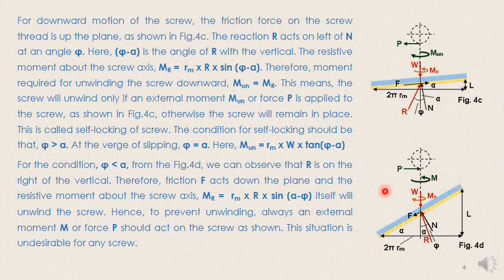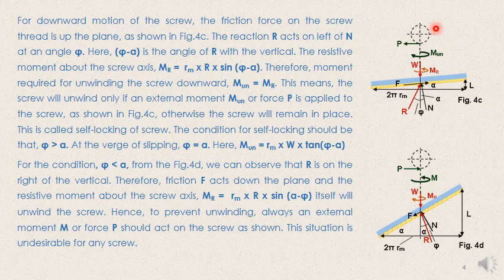So these are the three scenarios of analyzing the screw. From here we understand that for unwinding the condition should be phi minus alpha, and for winding the condition should be phi plus alpha, as we have seen in figure 4b.